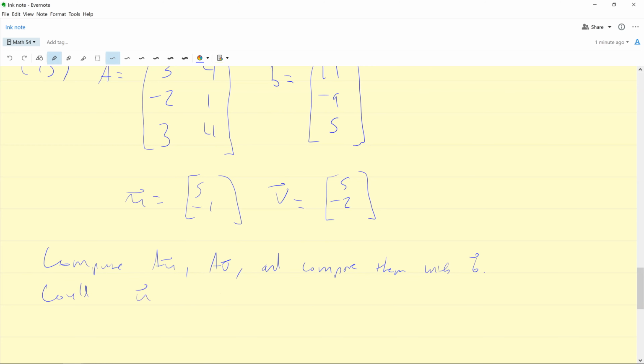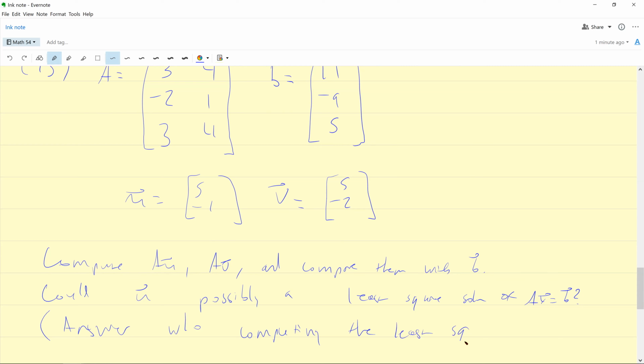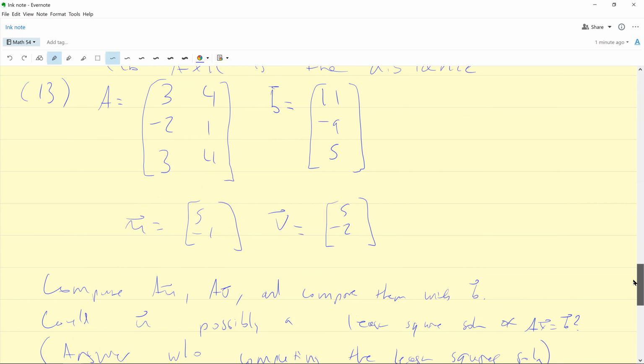Could u possibly be a least squares solution of A x equals b? And answer this without computing the least squares solution.